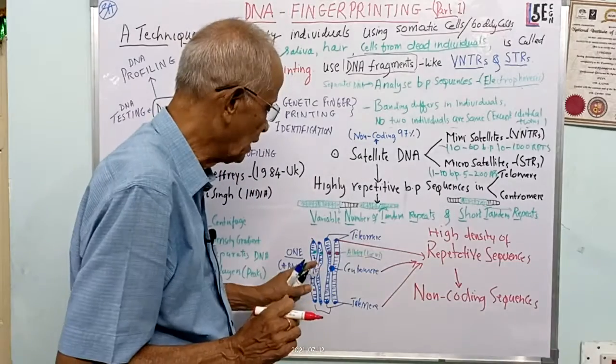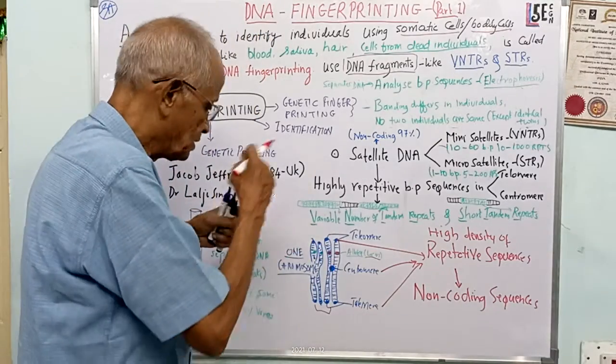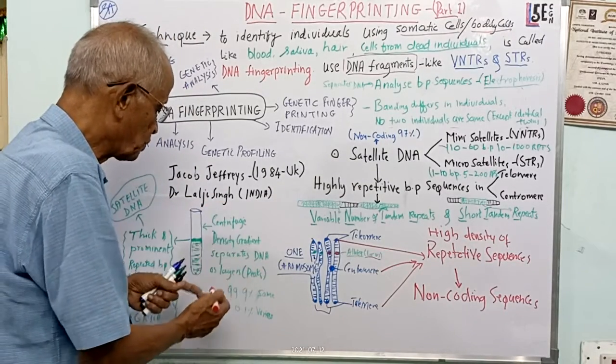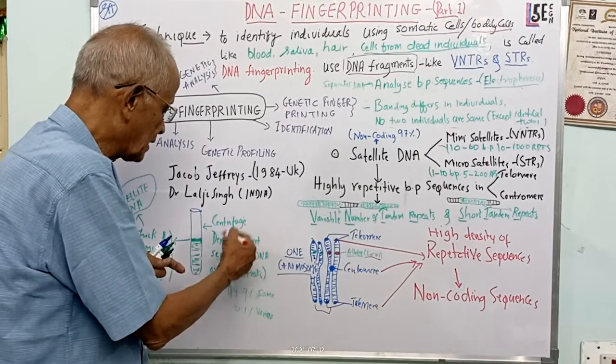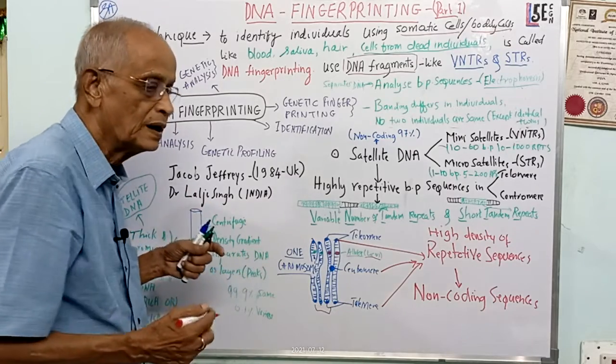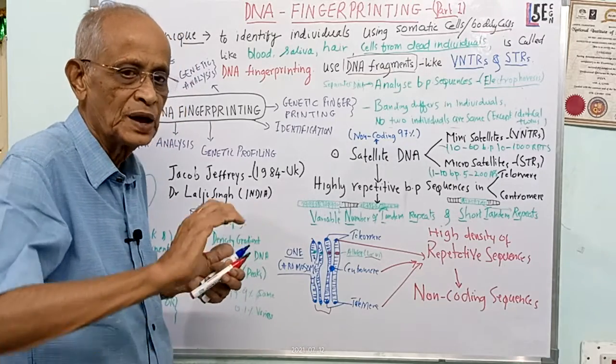So what we do is, they take the DNA sample and they treat with chemicals and they centrifuge it. And when they centrifuge it, they do it by means of a technique called density gradient centrifuging. And the DNA gets separated.